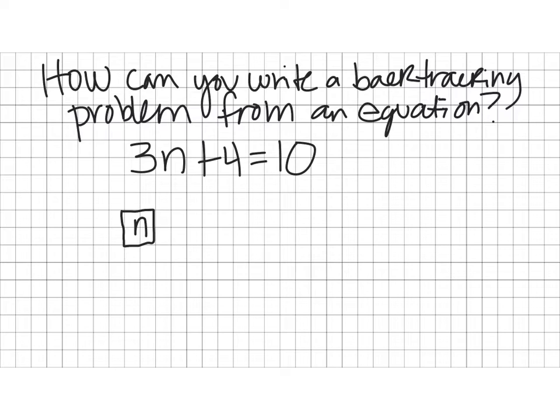And we know that the first thing that happens to that n is that we're going to multiply it by 3. So let's write times 3 as our first step. And then that'll give us our next number. And then after that, we can see that we add 4.